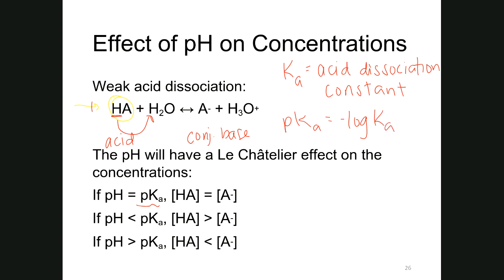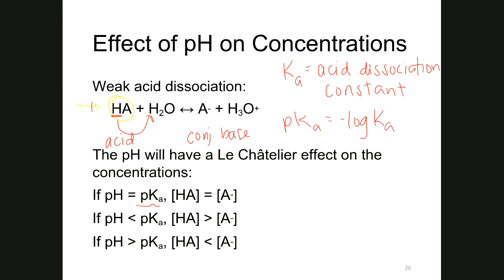So we can compare the pH and the pKa of a solution to determine which species, the acid or the conjugate base, is dominant in our solution. If pH and pKa are equal to each other, then they have equal concentrations.